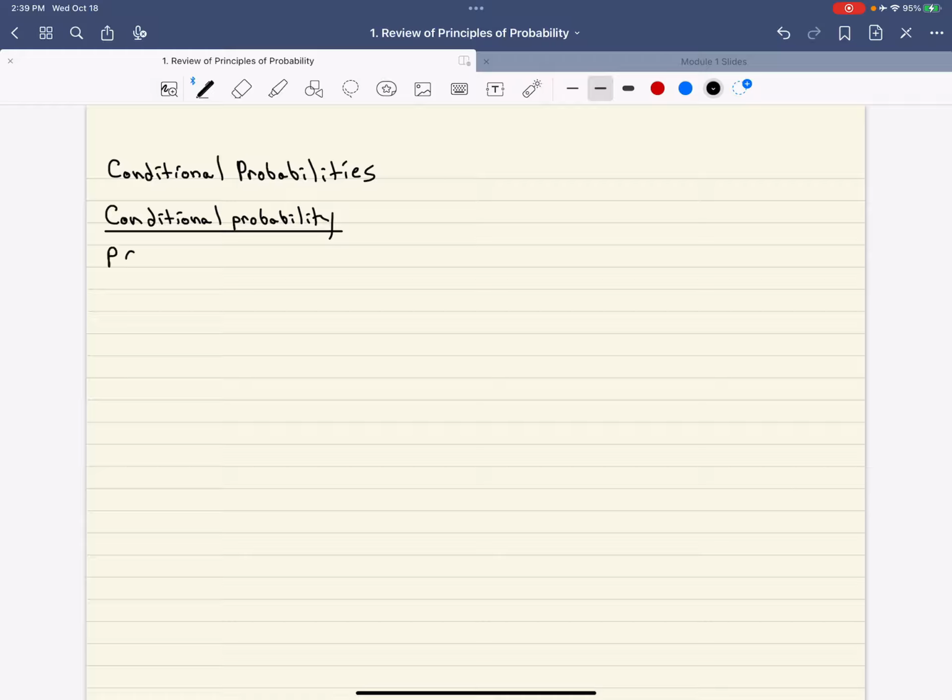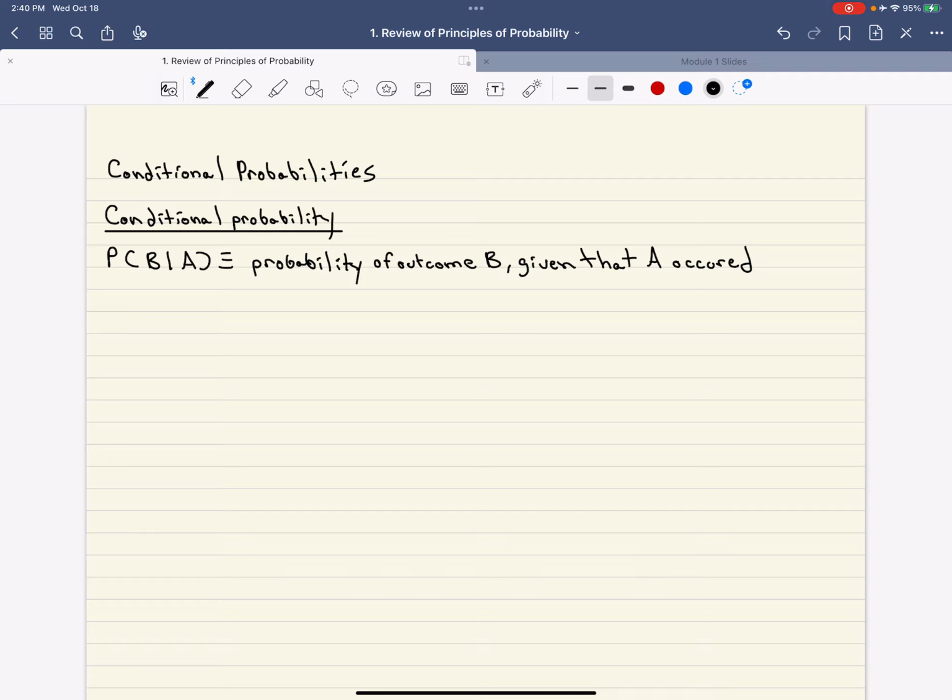The way we would write it is like this: the probability of outcome B given that A occurred. Okay? So that's the definition of a conditional probability.